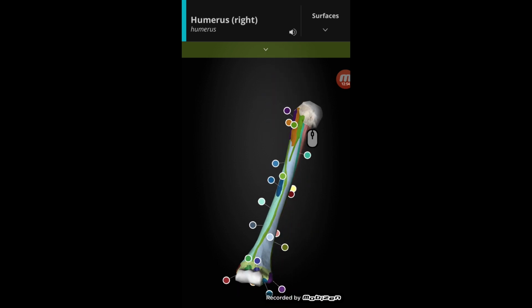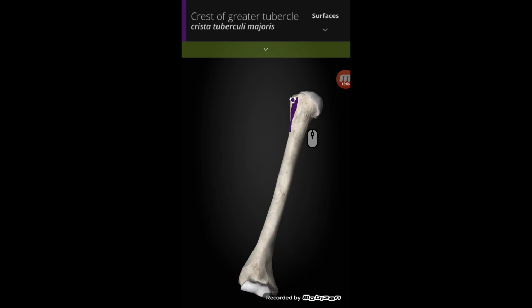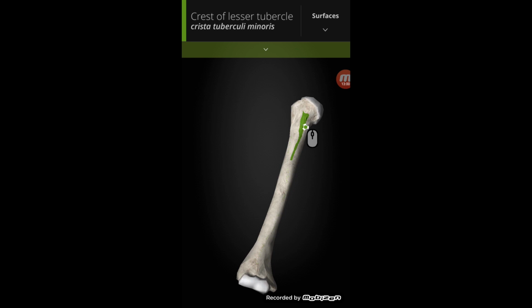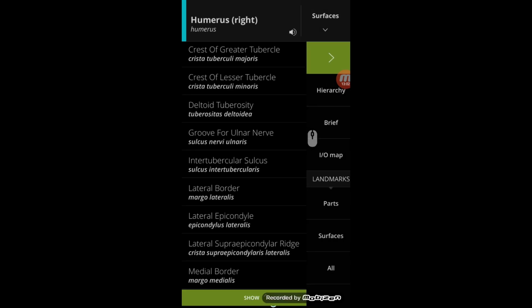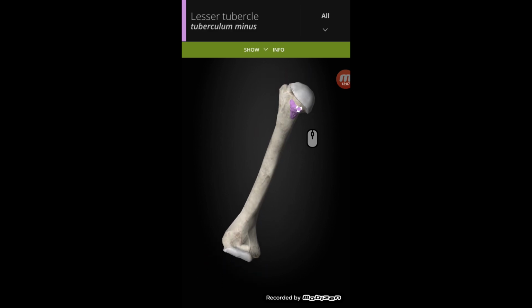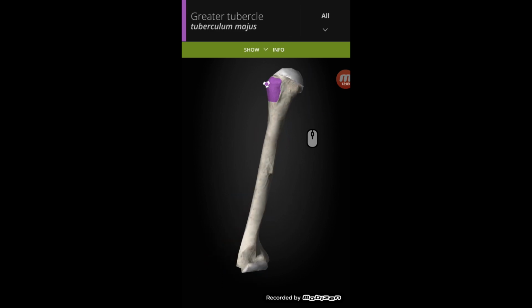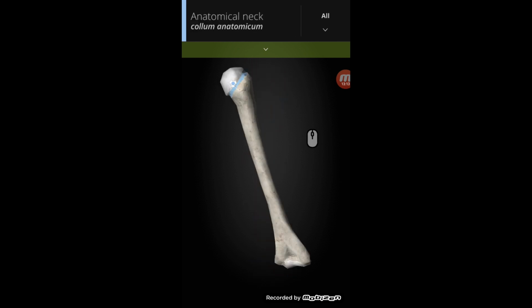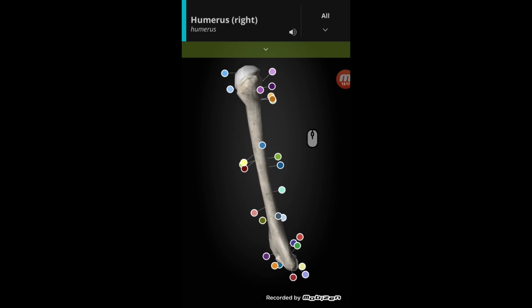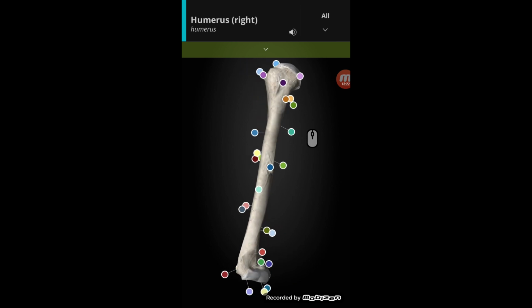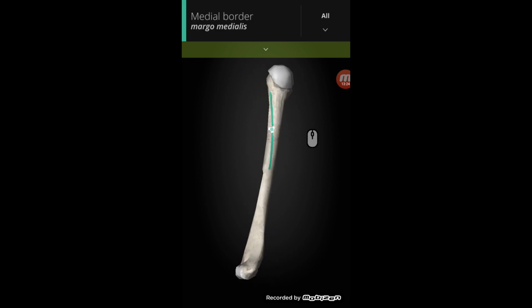Let's discuss it again for revision. This is the crest of the greater tubercle, this is the crest of the lesser tubercle, this is the lesser tubercle and this is the greater tubercle. This is the anatomical neck and this is the head. It's just a revision. This is the medial border.